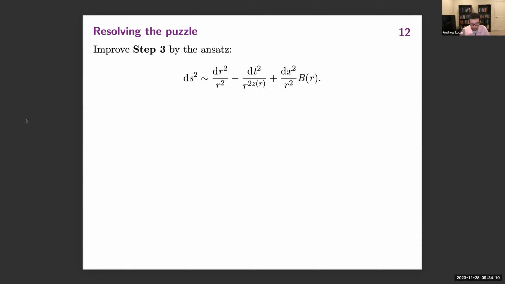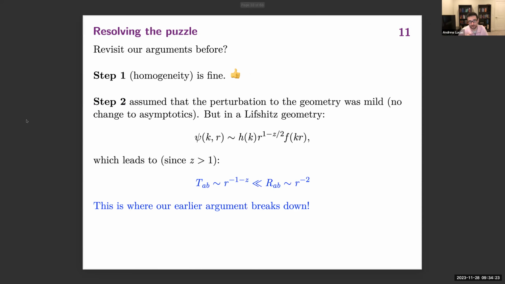So at each value of R, there will be some wave number K that strongly modifies the geometry at that scale R, but then dies out deeper in the IR. So these functions F written here all exponentially decay as R goes to infinity.